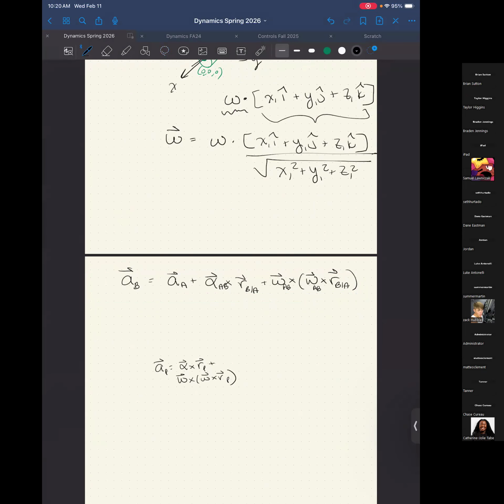So this one is general planar motion, and this one is fixed axis rotation.